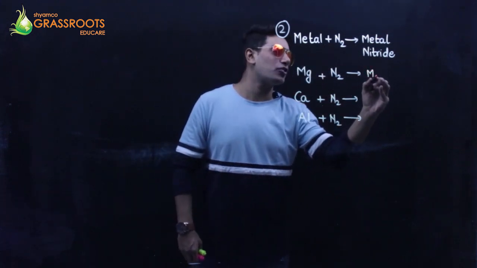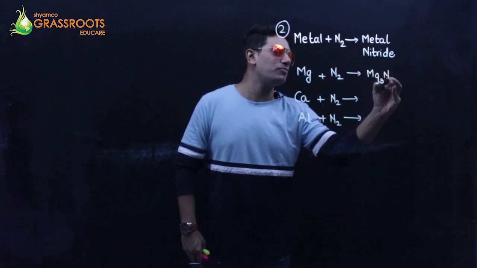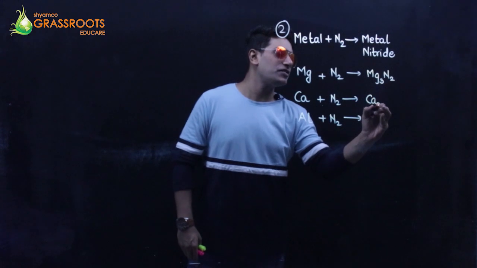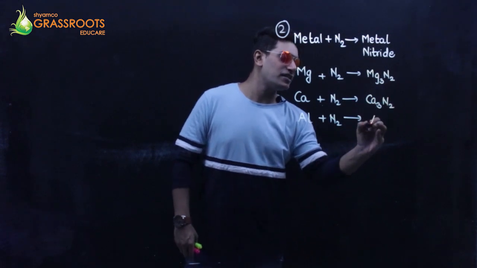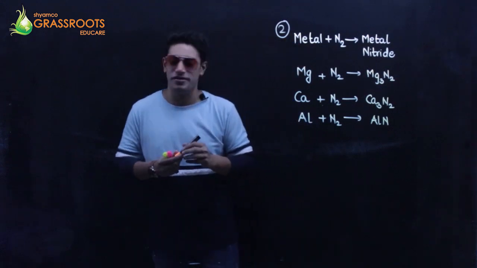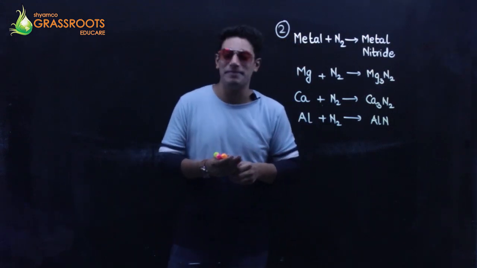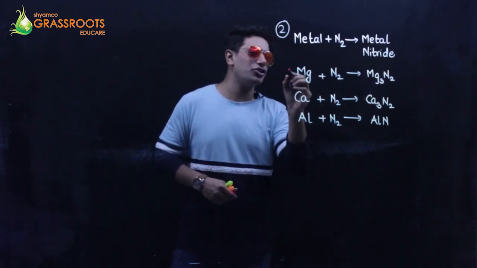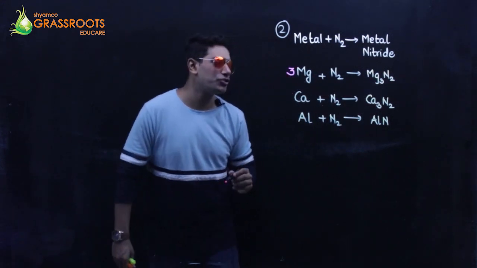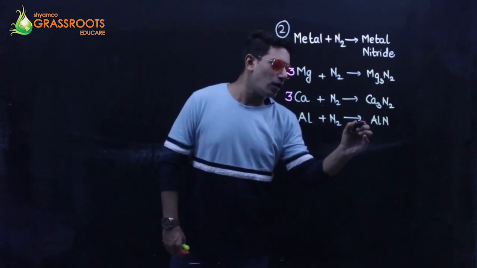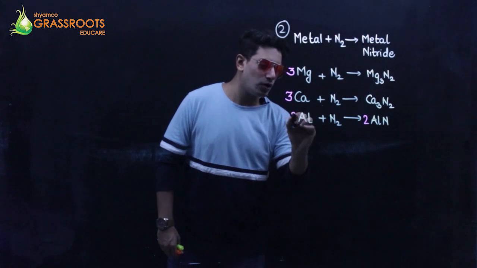So by the crisscross method, you will have Mg3N2, 2 plus 3 minus, same, Ca3N2, and this is Al 3 plus, N 3 minus, it becomes AlN. Now, talking about the balancing part, 3 magnesium, 3 calcium, 2 out here and a 2 out here.